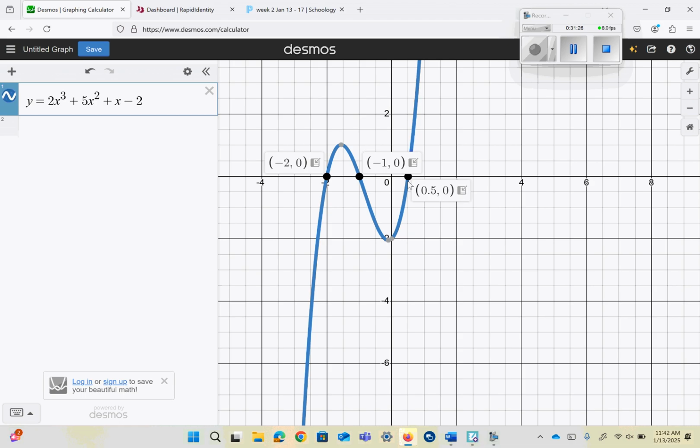Point 0.5, same thing as 1/2, right? So this one yields me x plus 2. This yields me x plus 1. This yields me 2x minus 1. Agree? Sweet. We can turn the page now.